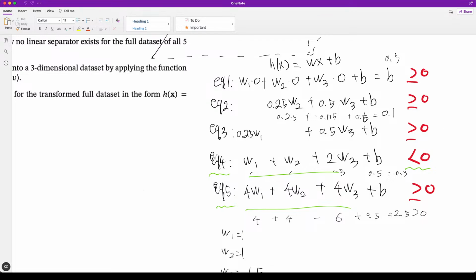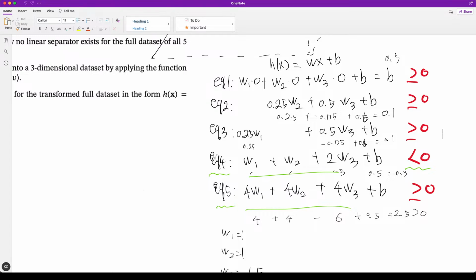And equation 3, let's check it. 0.25 minus 0.75, right? Plus 0.5 or 0.6 is 0.1.